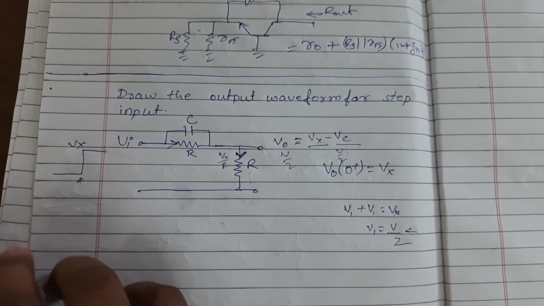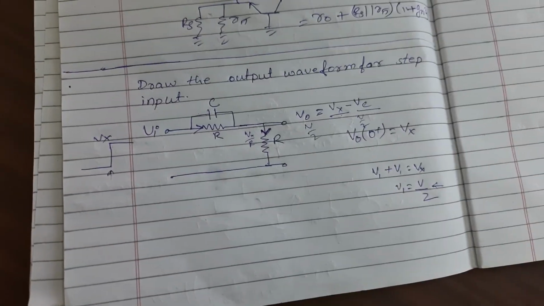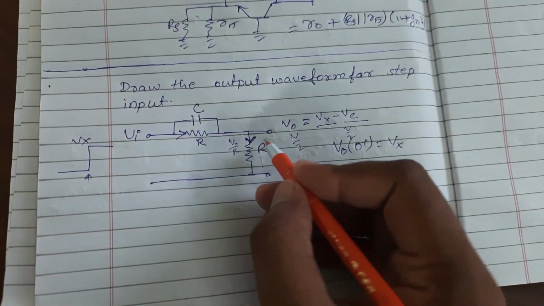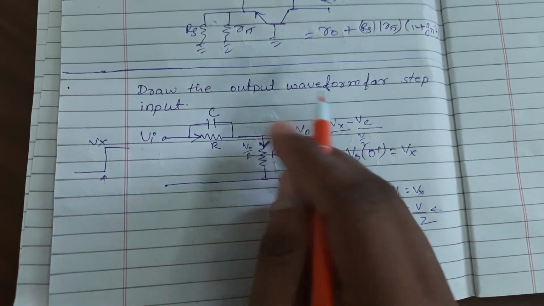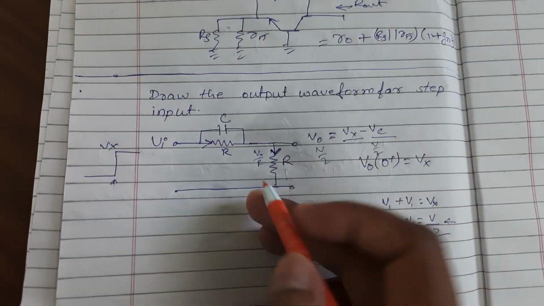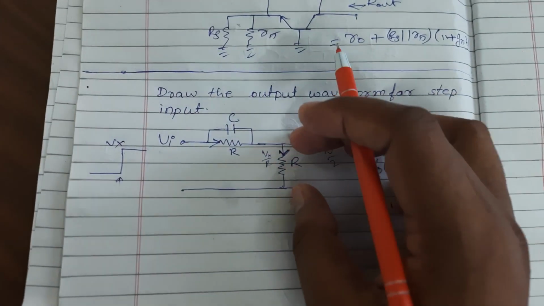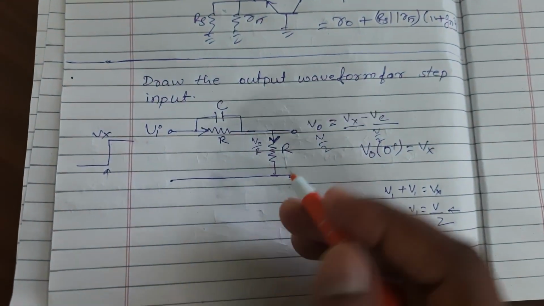So now I will draw the output waveform. What will be the output waveform for this circuit? Initially at t is equal to 0 plus, the voltage is Vx, the whole voltage comes across this resistor, and at t is equal to infinity, when the steady state is achieved, the voltage across this resistor will be equal to Vx by 2.